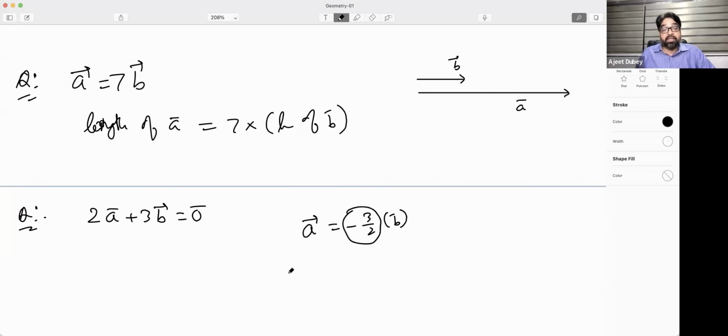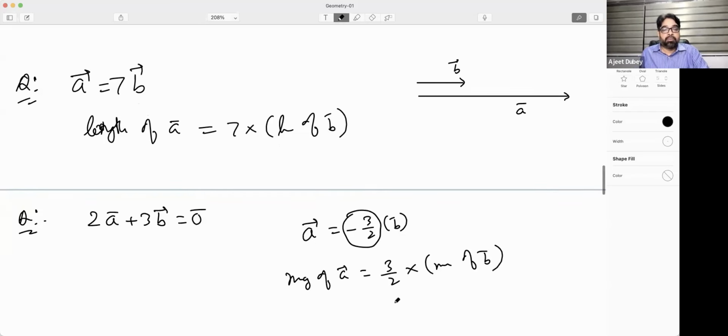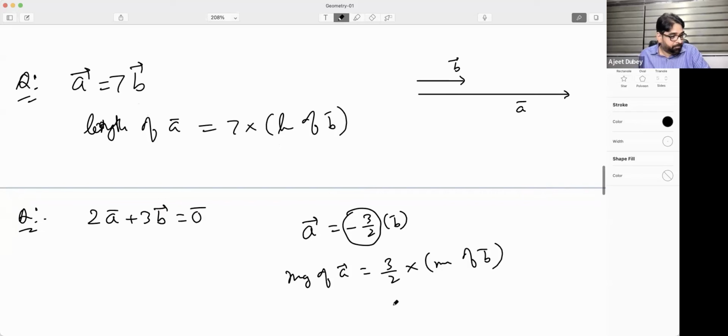And one more thing we can say: the magnitude of A is 3 by 2 times the magnitude of B. So the negative sign will depict anti-parallel here. Multiplying by a negative means the direction changes. Whenever you multiply by a negative quantity, it means their directions are opposite.